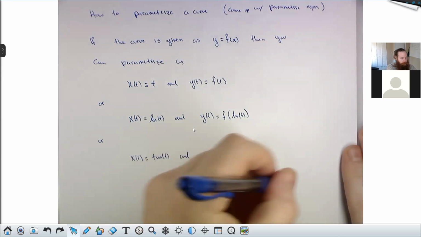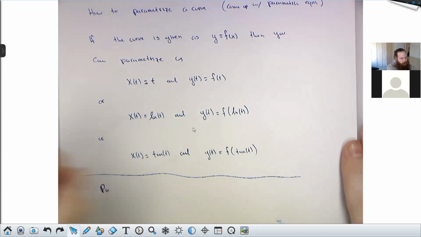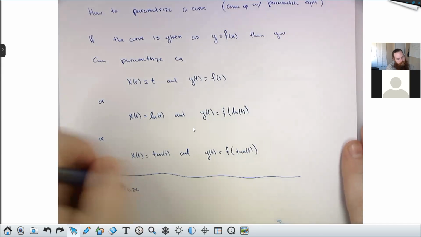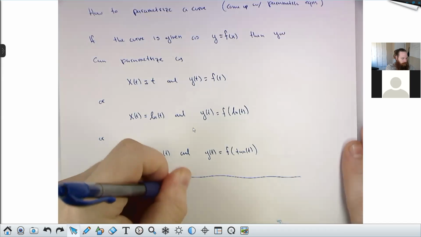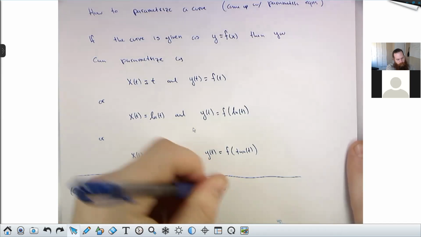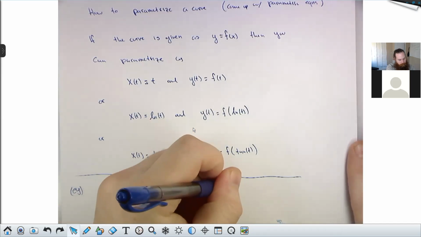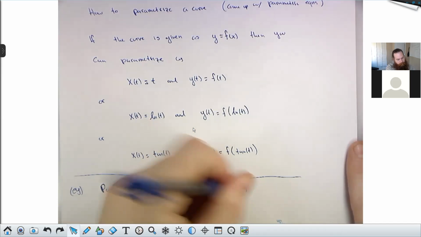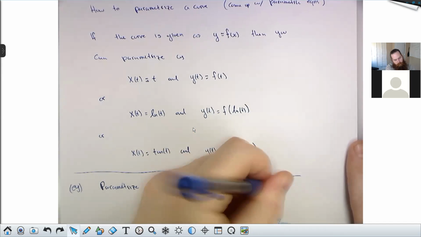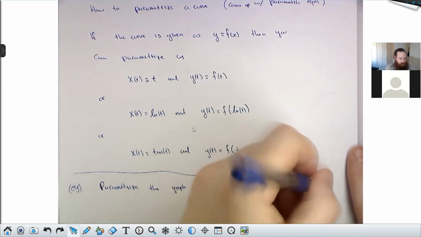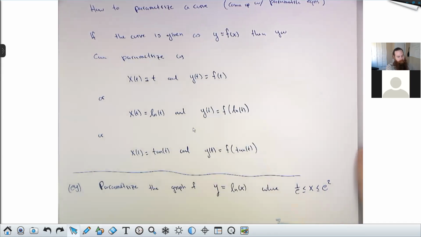So for example, if I wanted to parametrize the graph of y equals, how about natural log of x, where 1 over e is less than or equal to x is less than or equal to e squared.